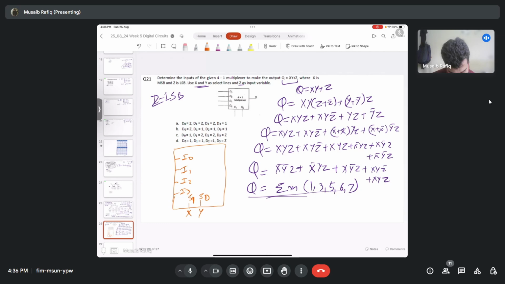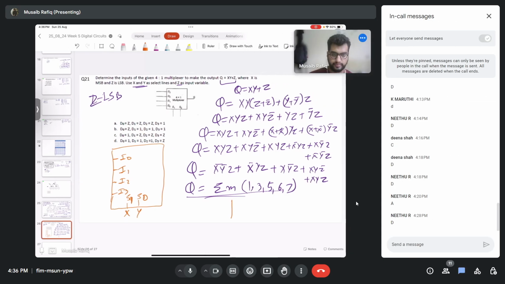Now a question to you guys. Now what do I have to do? What table do I have to draw? What is the name of the table that I have to draw? Yes, implementation table.